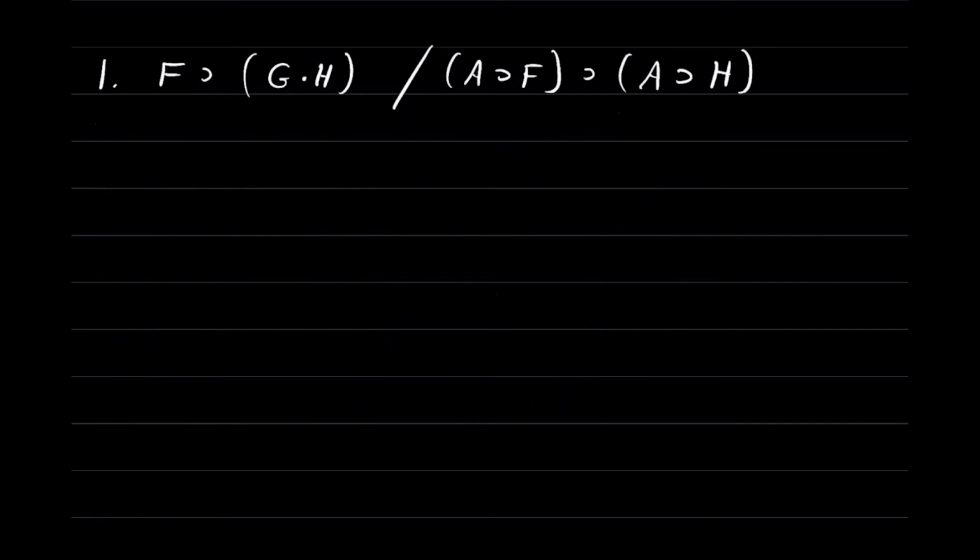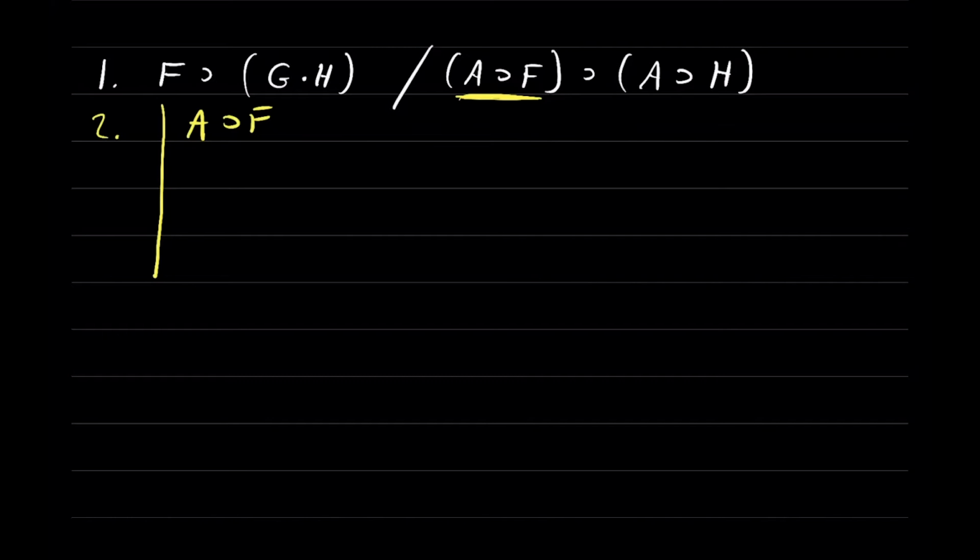So we only have one premise, if F, then G and H, and we're trying to show this conclusion. If A implies F, then A implies H. So what I'm going to do, I'm going to do a conditional proof, start out by adding a vertical assumption line, and I'm going to assume the entire antecedent of this conditional, A implies F. So when you're doing conditional proof, you have to make sure that you're assuming the right thing.